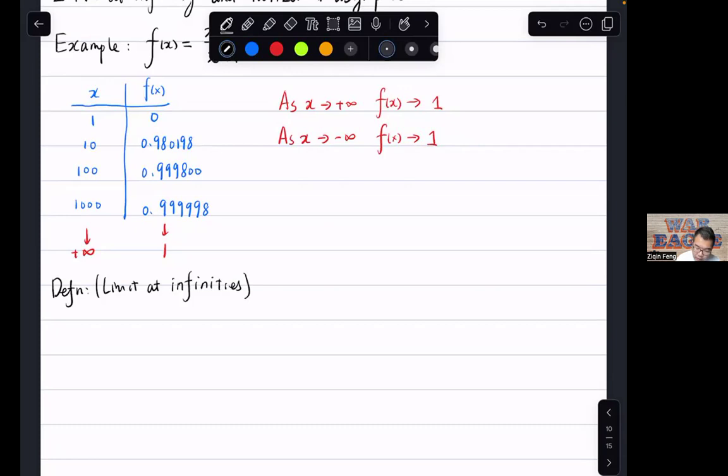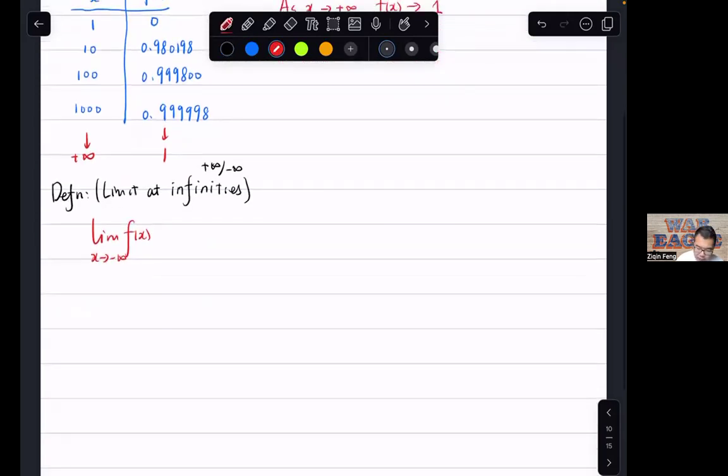Their definitions are very, very similar. One is x getting larger and larger without upper bound. The other is getting larger and larger negatively without lower bound. So the notation is clear. We write the limit of f of x as x goes to negative infinity is equal to a finite number, which we call L.